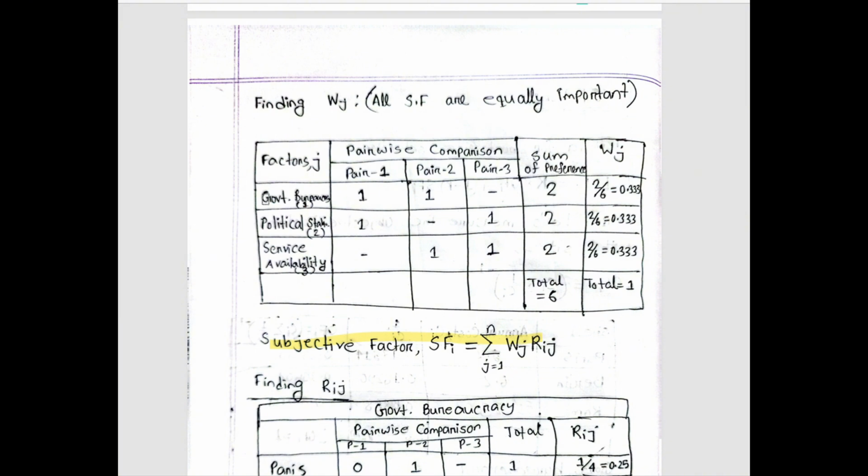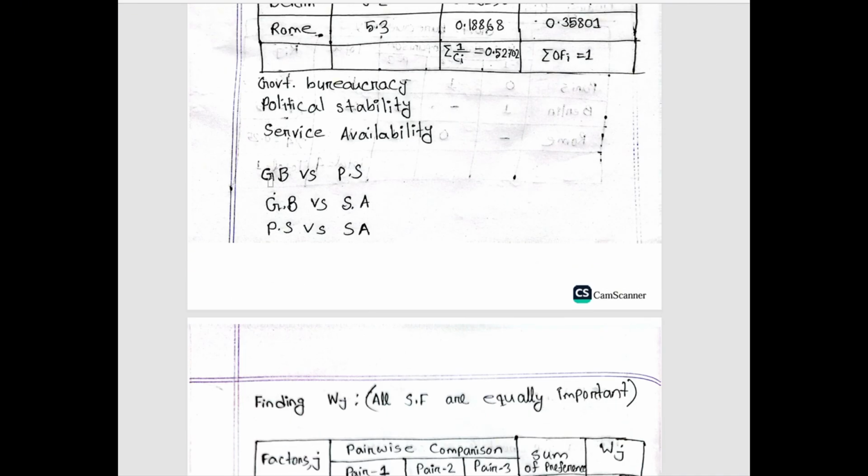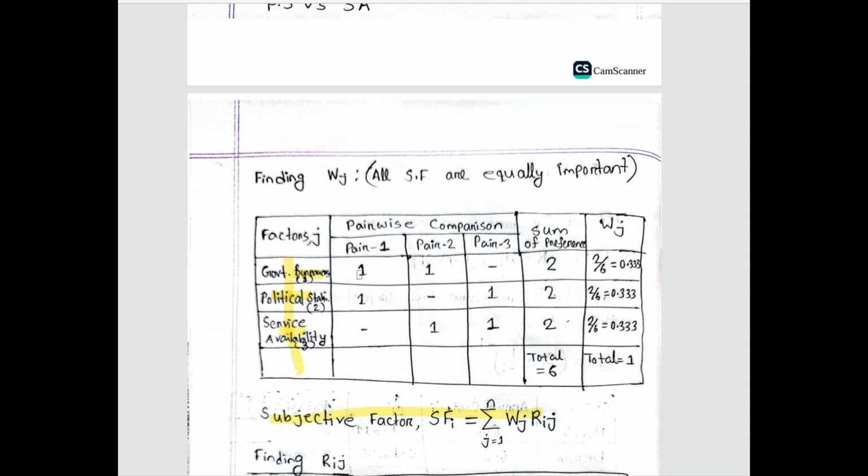we took the subjective factors government bureaucracy, political stability, and service availability in column-wise formation. Now, for the first pair-wise comparison, GB versus PS, and we did not include service availability. That's why for GB we put a value of 1, and political stability also 1, because all the subjective factors were equally important.